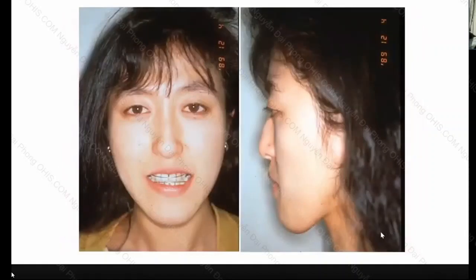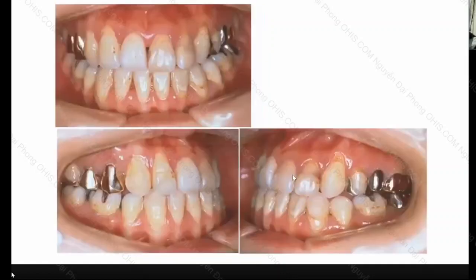Okay. But skeletally, not so much change. This is 1 year later. A little bit of relapse here, a little opening. This is 2 years after.